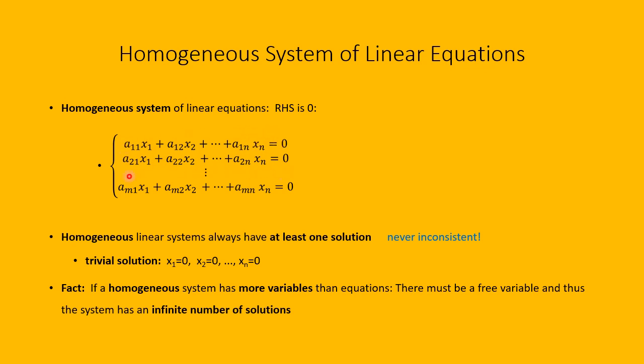And similarly, all of these other equations would also be satisfied. So homogeneous systems like this always have a trivial solution. And since the solution set is not empty, that tells us that homogeneous linear systems are never inconsistent.